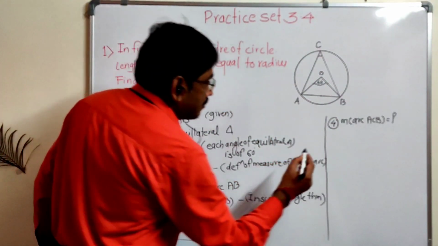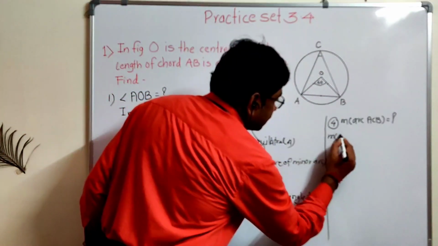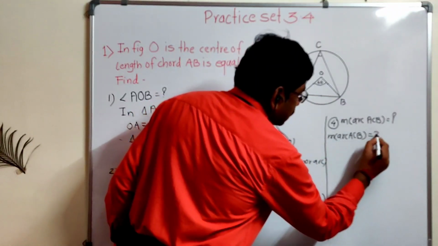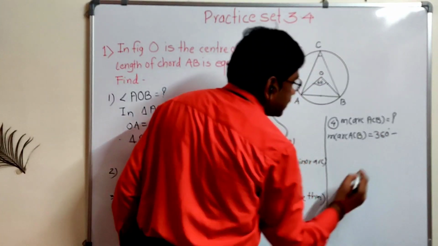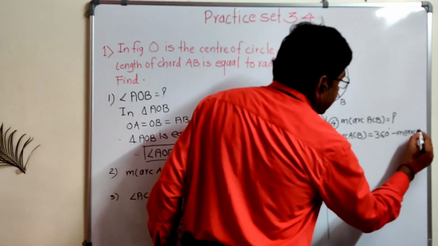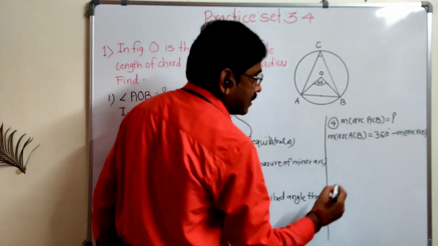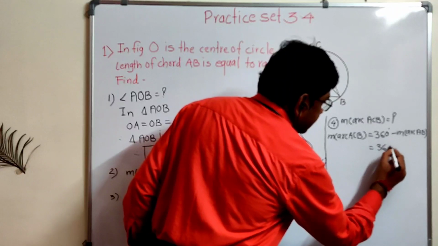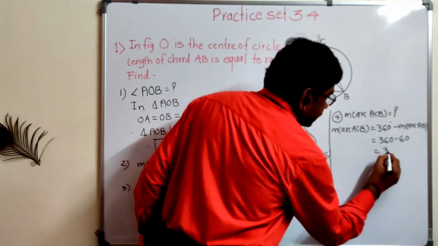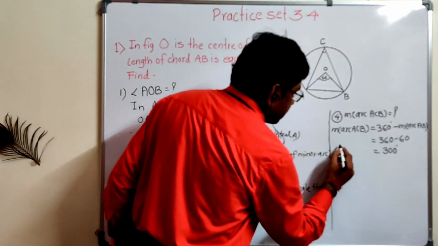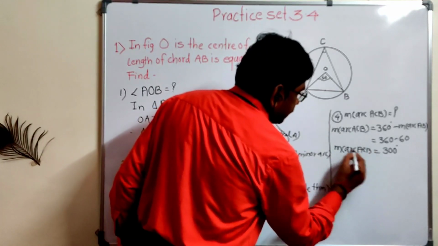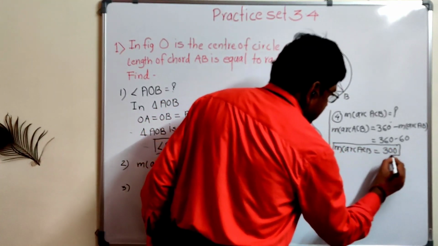And you know the measure of the major arc, that is, the measure of arc ACB, is equal to 360 minus the measure of arc AB, the corresponding minor arc. So we get 360 minus this 60, 300 degree. So we get major arc ACB equals 300 degree.